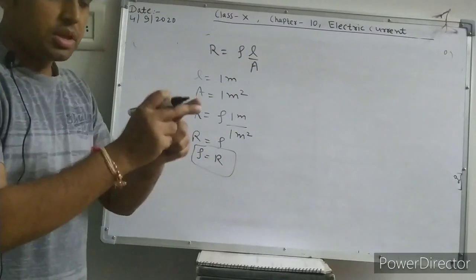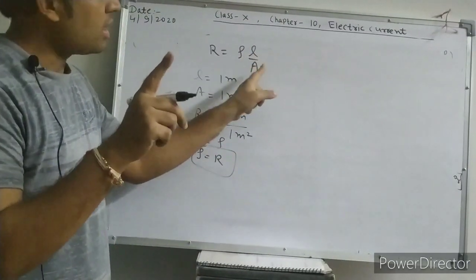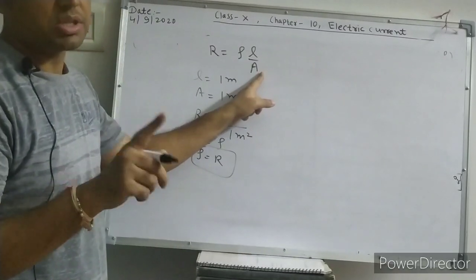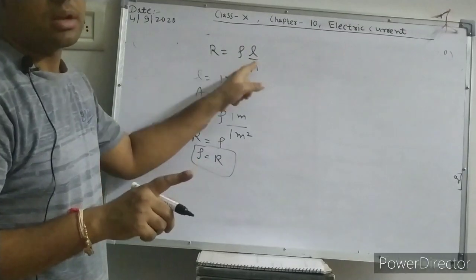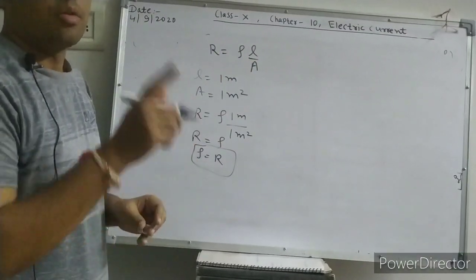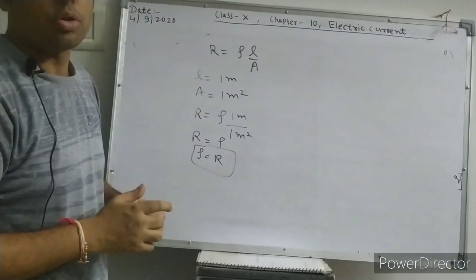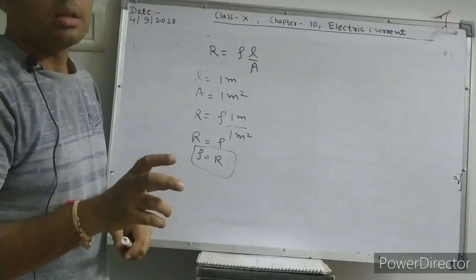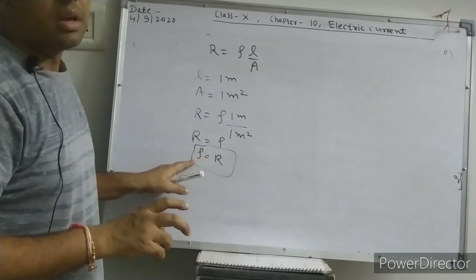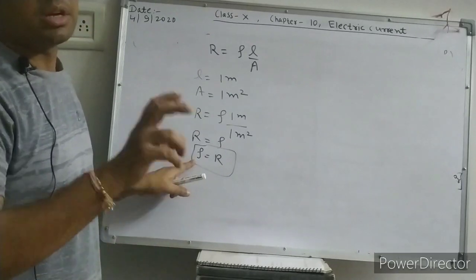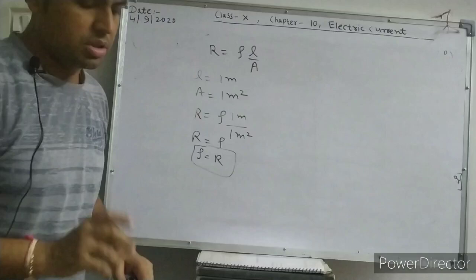For a conductor which has 1 meter length and 1 meter square cross sectional area, its resistance is called the resistivity. Understand?